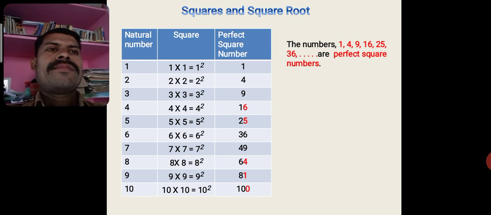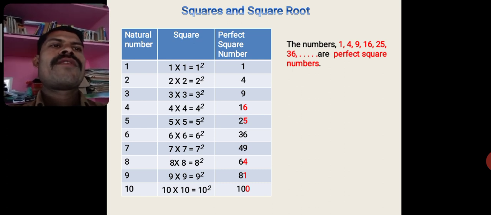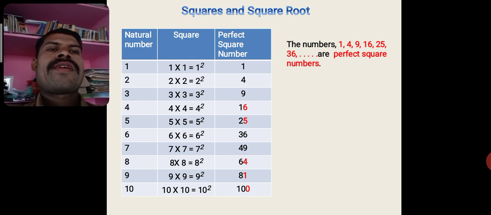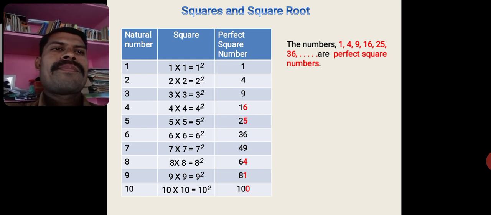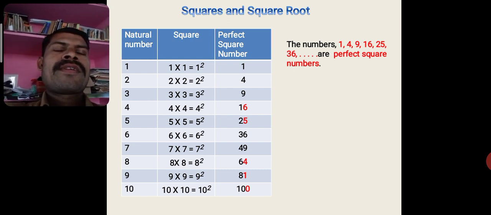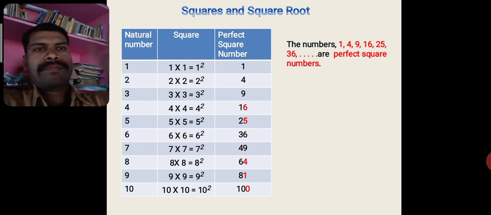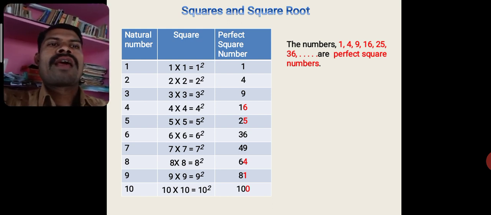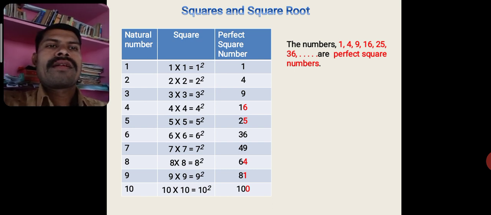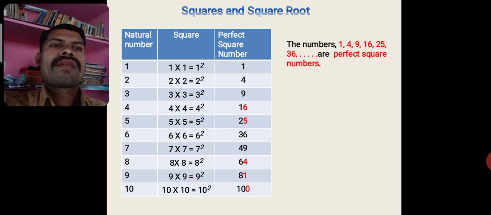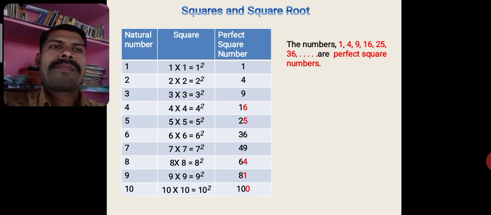You can see here the numbers 1, 4, 9, 16, 25, 36 and so on are perfect square numbers, here in the last column: 1, 4, 9, 16, 25, 36, 49, 64, 81, 100.